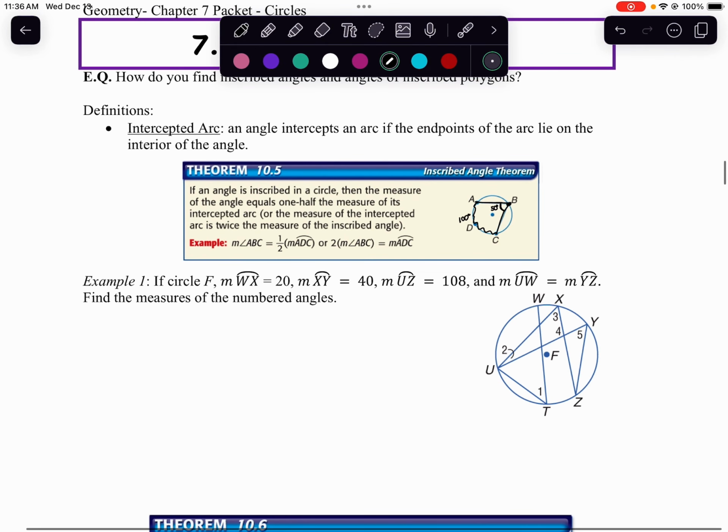For example 1, it says circle F here to the right, the measure of arc WX, so this little piece, is 20. X to Y is 40.